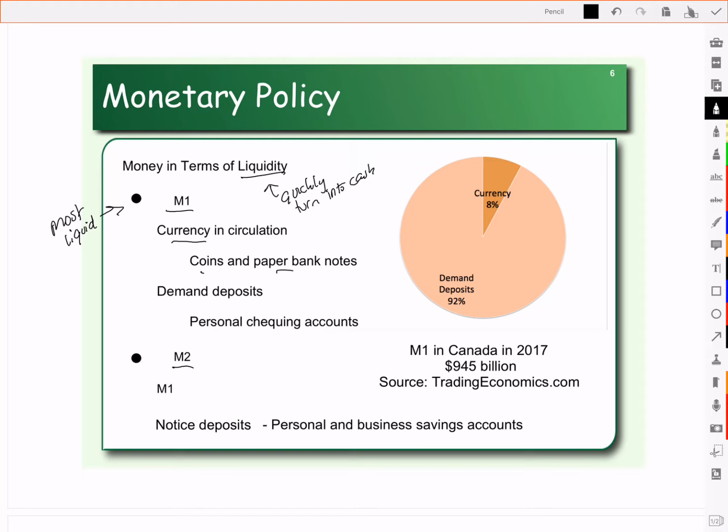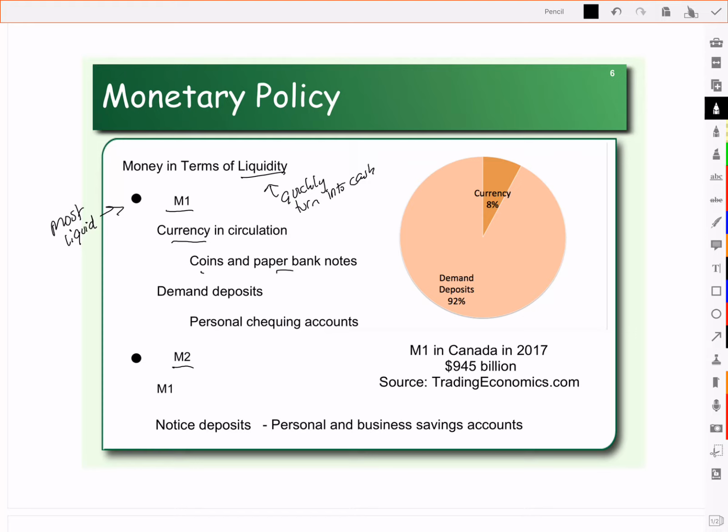If we look at M1, the most liquid form of money, in 2017, that M1 was about $945 billion. This is the total value of our currency, so our coins and banknotes, as well as the money in our checking accounts, our demand deposits. So $945 billion is how much M1 we have in Canada.